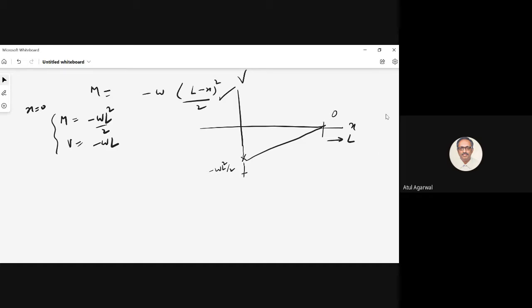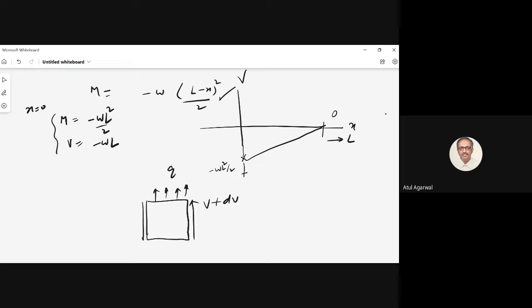One more thing I wanted to tell you, which I have not done so far, which is important. Suppose you have a force Q here, and you show shear force, positive shear force is V plus dV here.